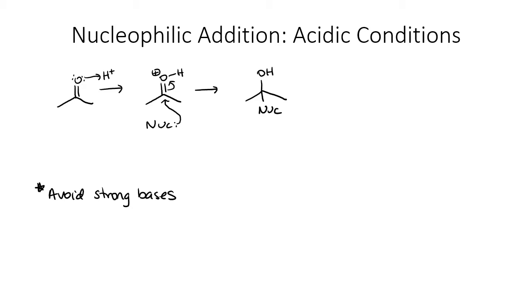So that means we don't want to see any hydroxide or any negative charges under acidic conditions. Under acidic conditions, you will usually see neutrally charged molecules as well as positively charged molecules.